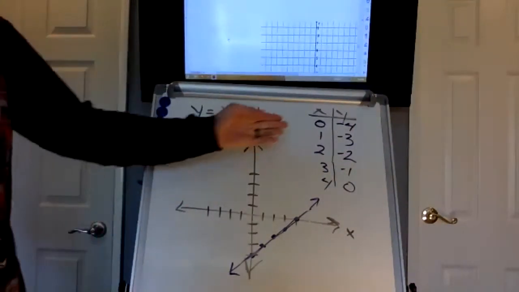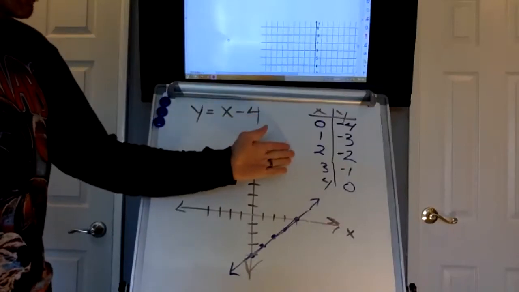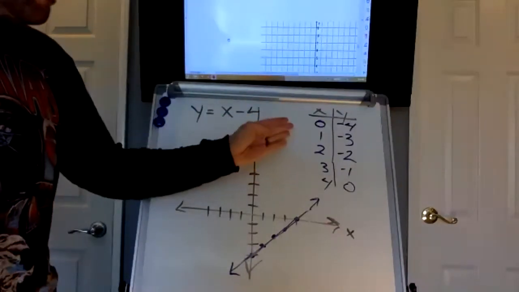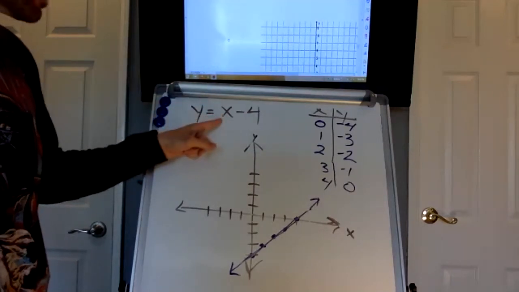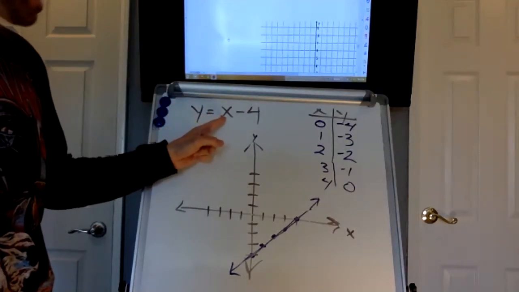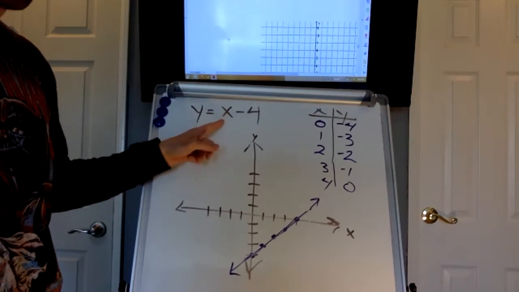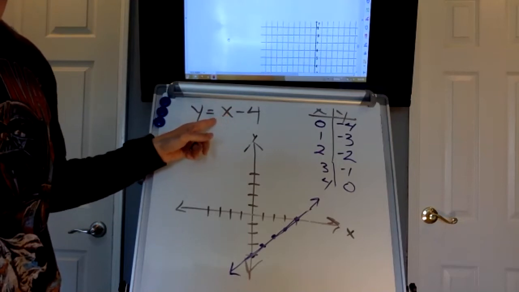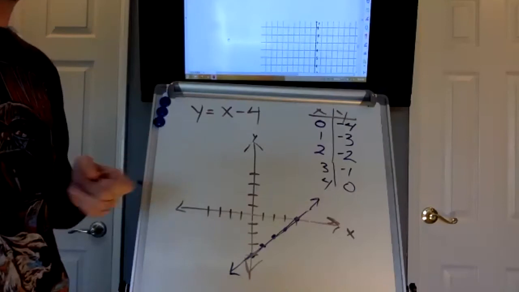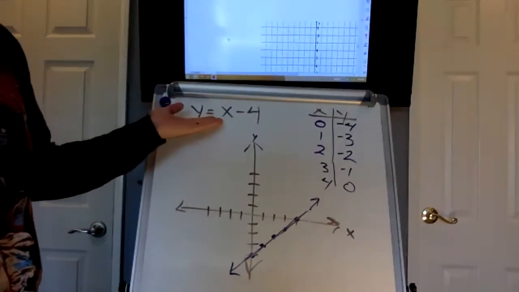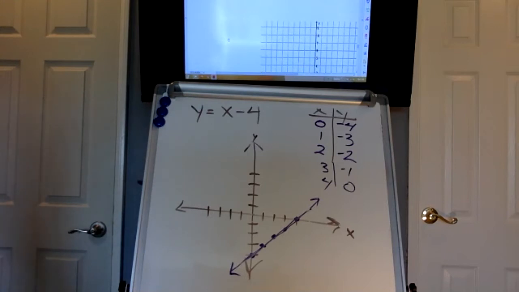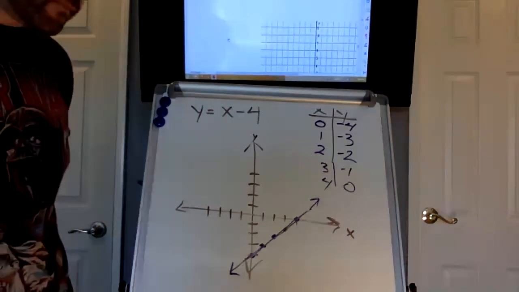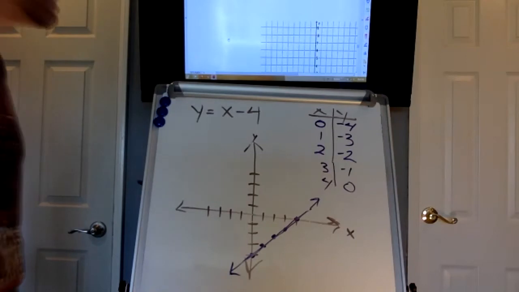Yeah, X is independent, so you do get to choose whatever you want from the domain, and the domain is all real numbers, because there's nothing here limiting you like a square root or a denominator where it can't be 0, or a square root where the inside cannot be negative. You don't have a situation like that, so X can be anything you want. Will there be square roots in the test? No. That I know of.